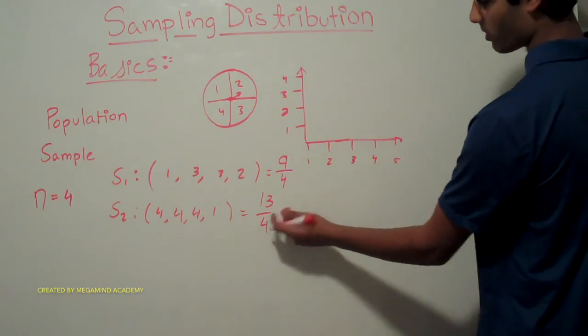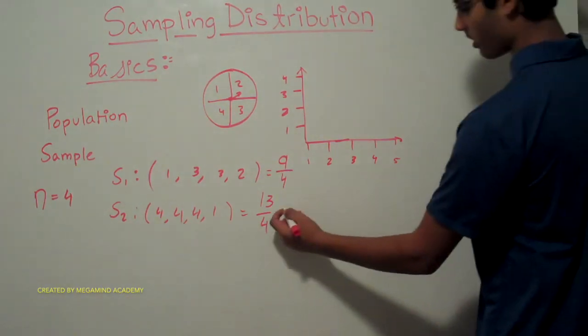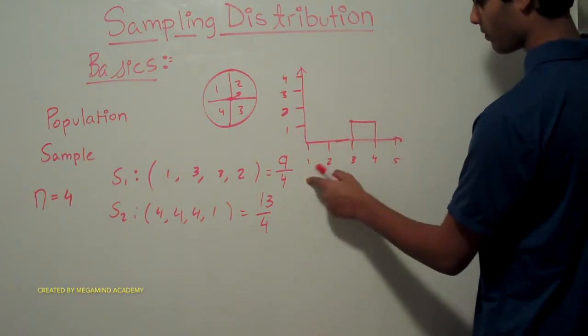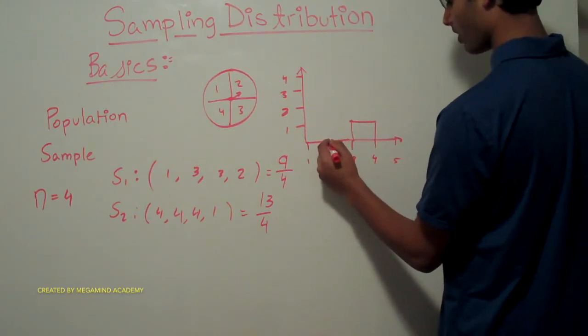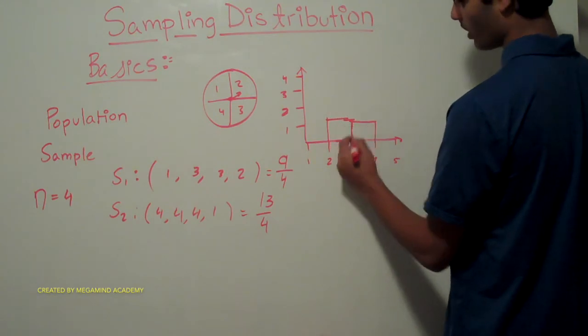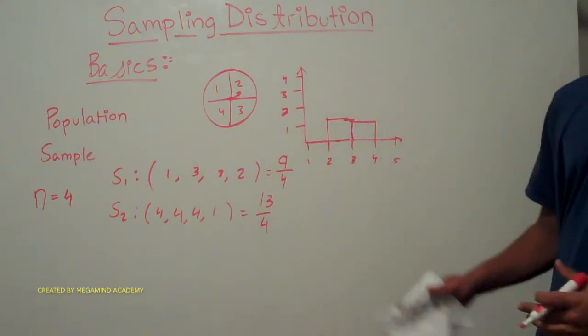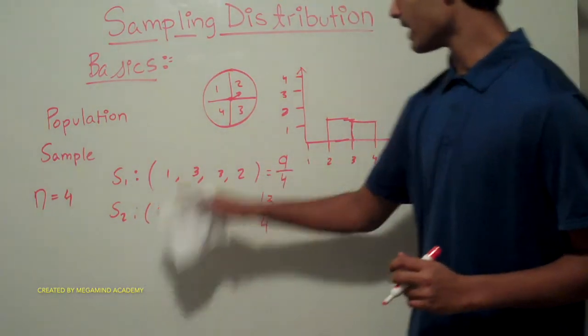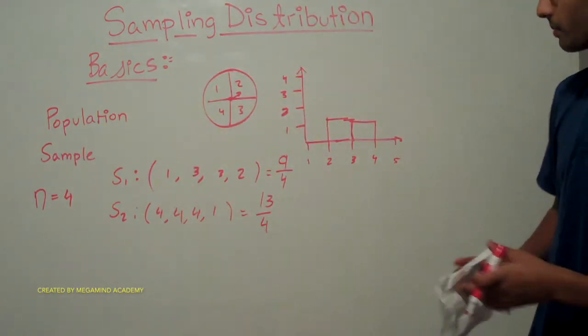This 13/4 would fall in this category over here, so we have 1, and 9/4 would fall into this category over here, so we have 1. So basically we're just putting down the averages of our samples. That's what goes on a sampling distribution.